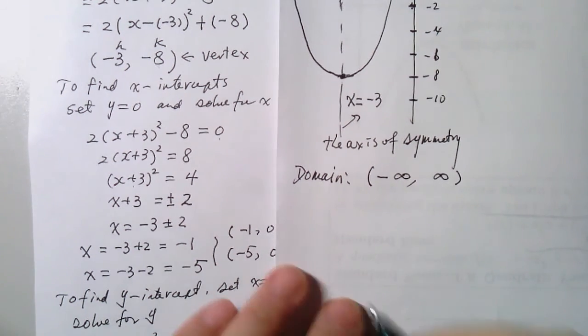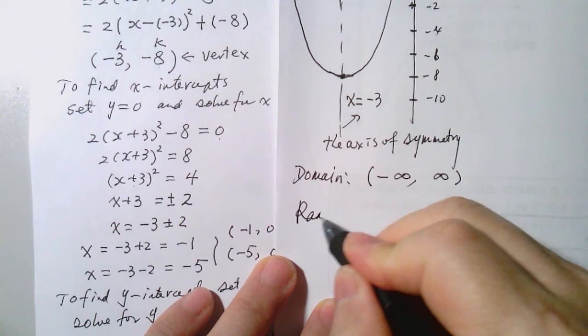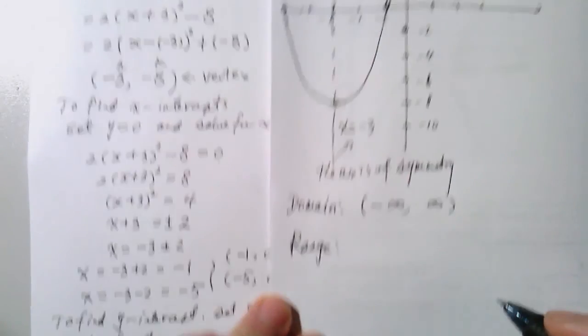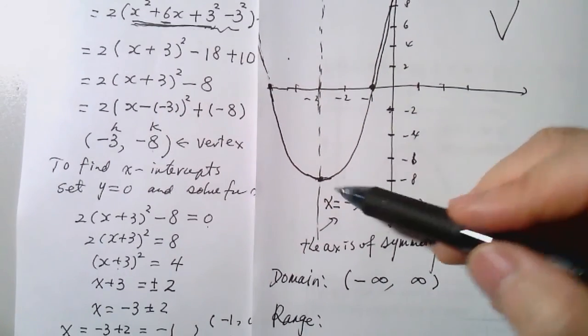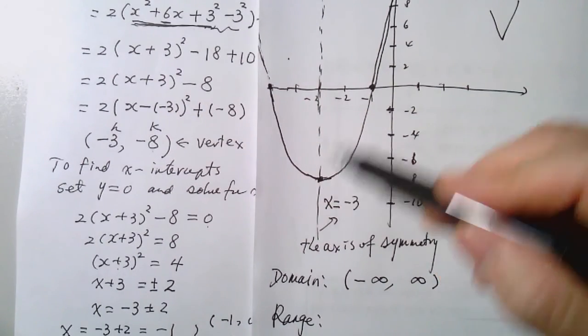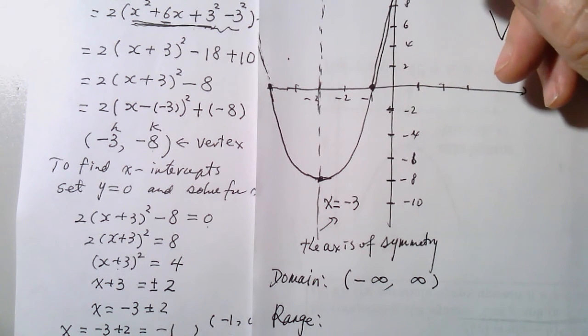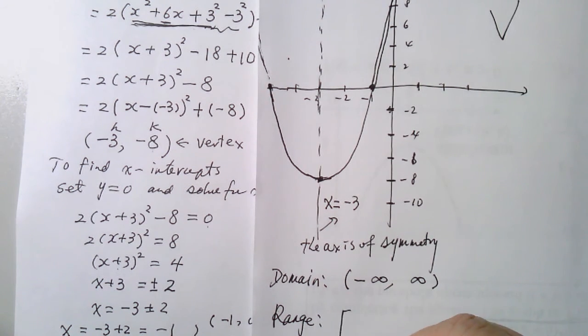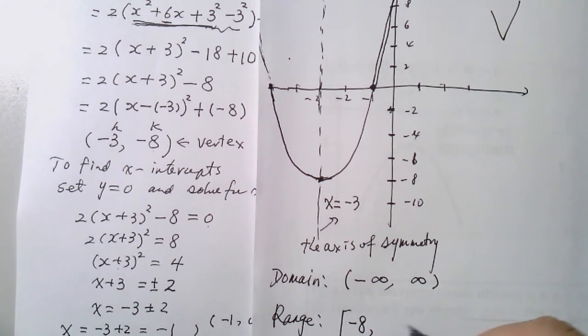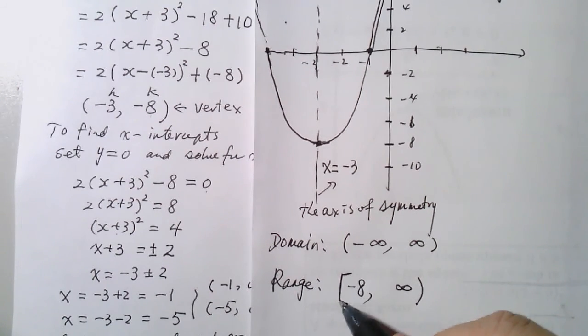And for the range, you can see the graph goes from negative 8 to infinity. And remember, negative 8 is included, so we use a bracket.